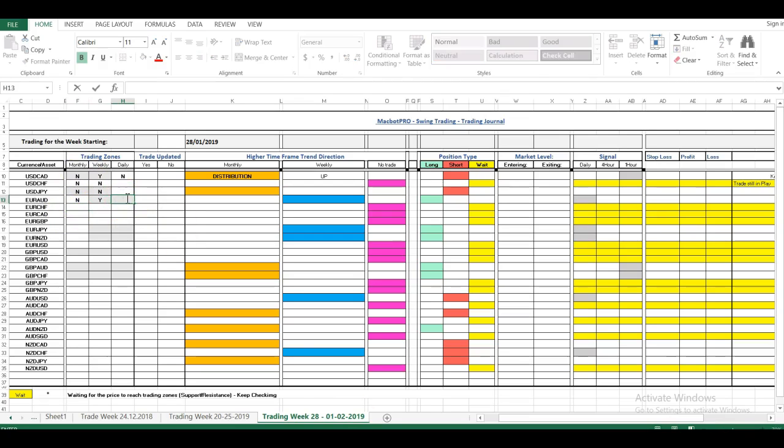So I put a capital A, approaching, and just put sideways. Weekly's up. Then for there, it's an A. It's going to be a long.